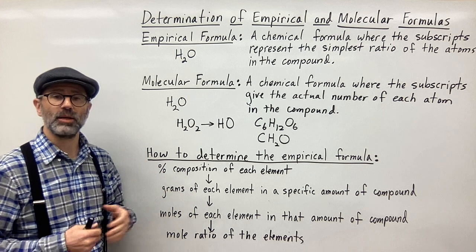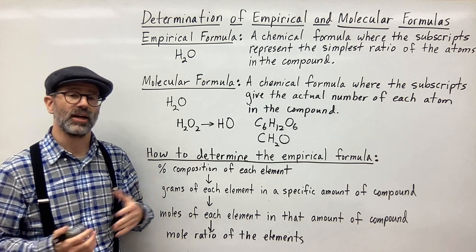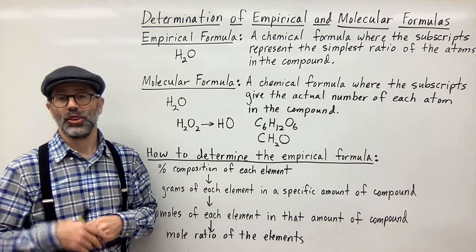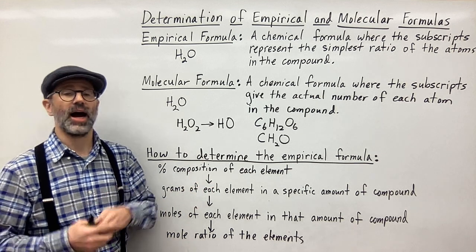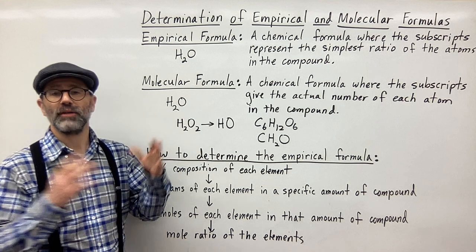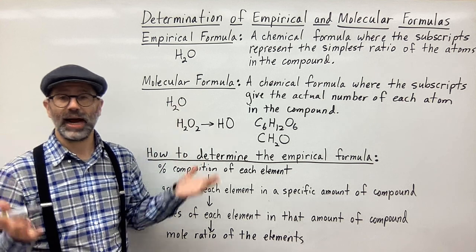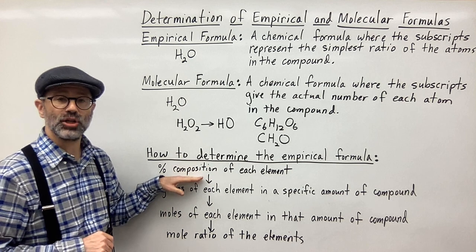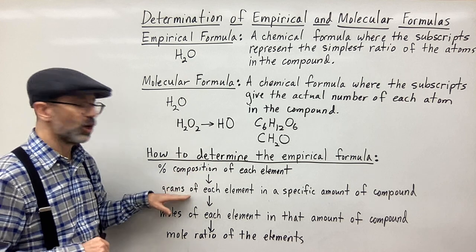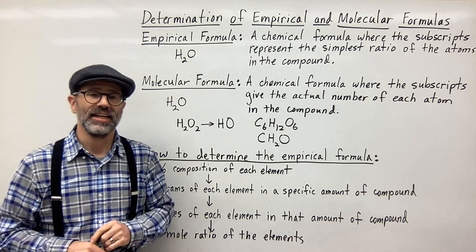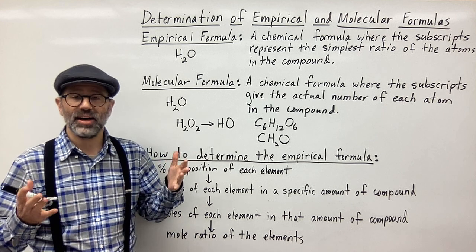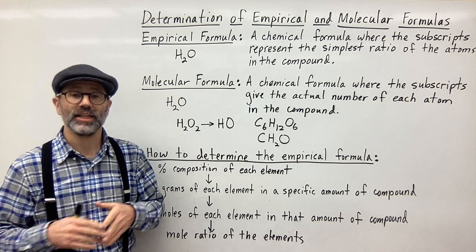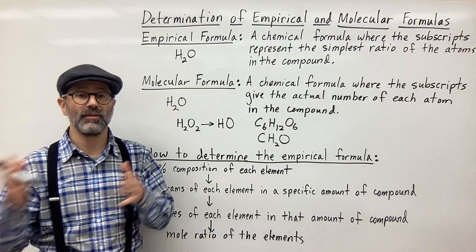If you are given the percent composition of each element, like 12% carbon, 32% oxygen, 25% nitrogen or whatever, what you need to do is change those percentages to grams. And the way you do that is because a percentage means out of 100, right? 12% means that 12 out of 100, right?